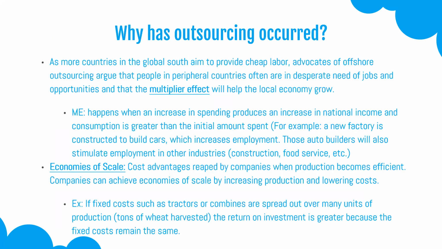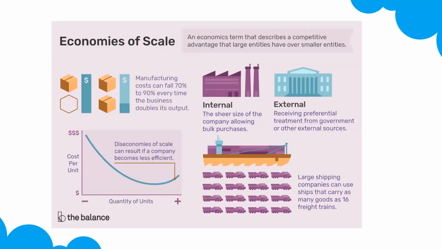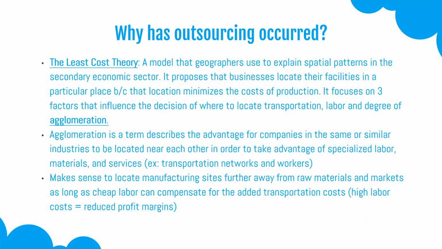So economies of scale can seem a little bit tricky, but it's relatively straightforward: the more efficient a company becomes, the more production, the lower the cost for that business.